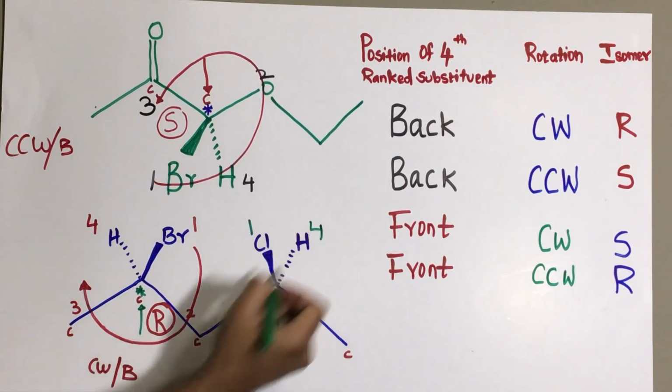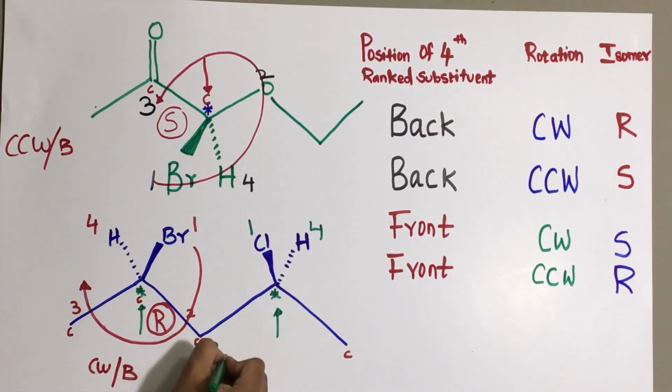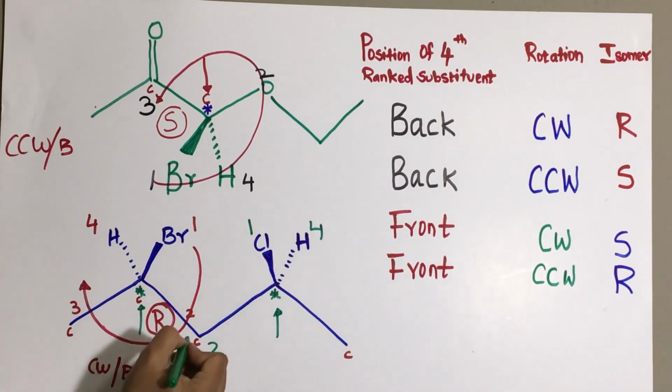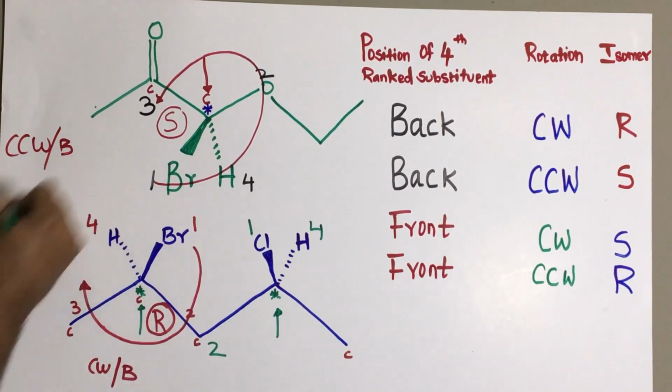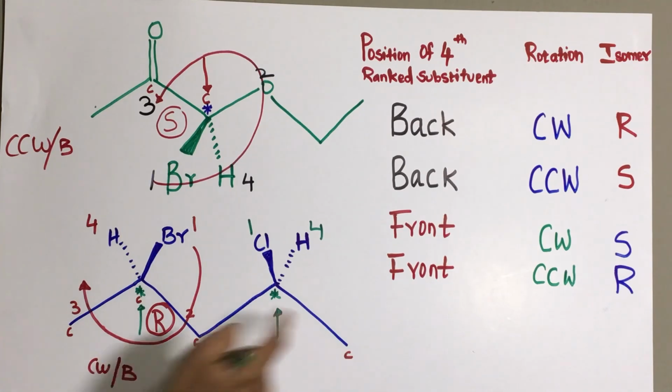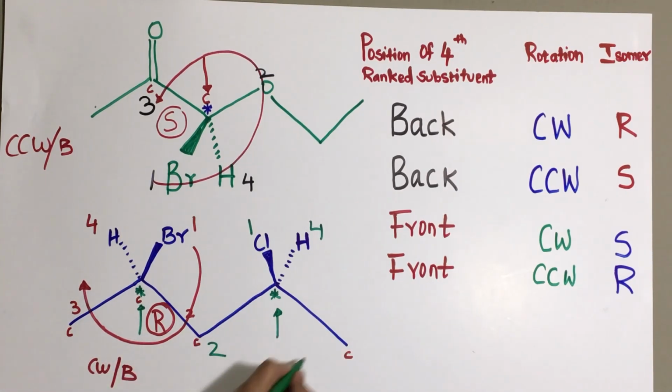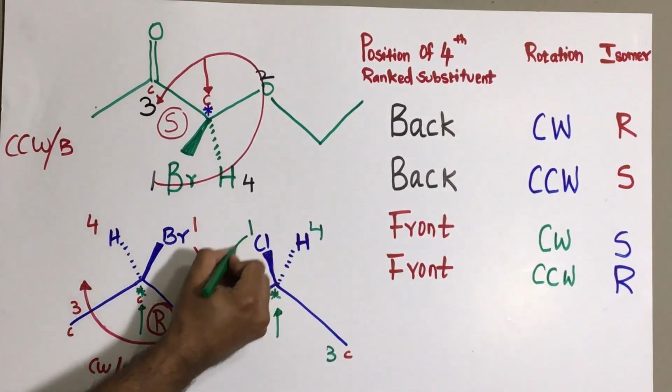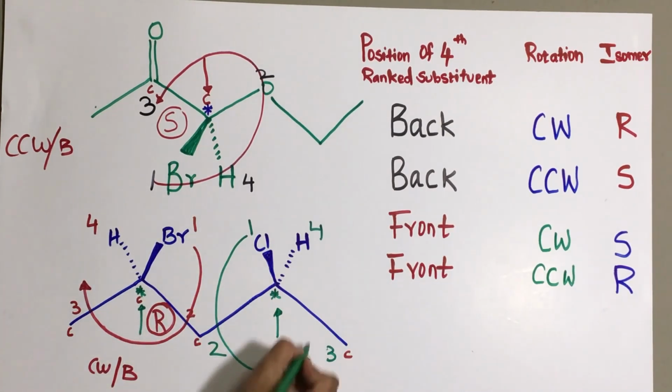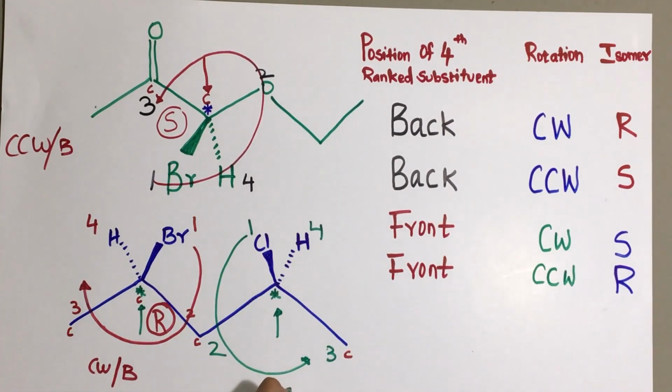This is 4. This would be 2 because of the same explanation I gave earlier. The C is attached to 2 hydrogens and also this entire network, whereas this is only attached to 3 hydrogens, so that's 3. If we connect all of these, this is again counterclockwise and back, so that would be S. And it's as simple as that.